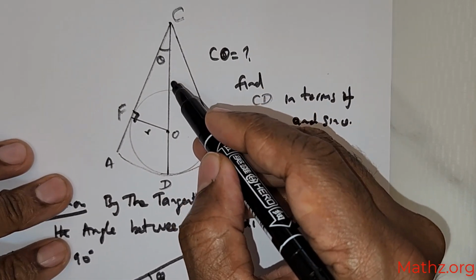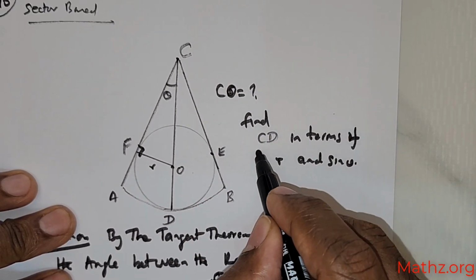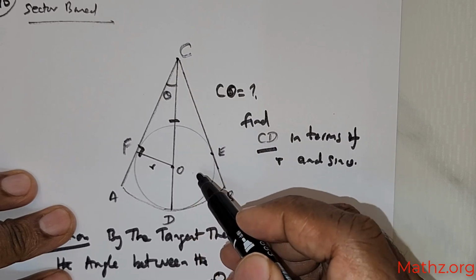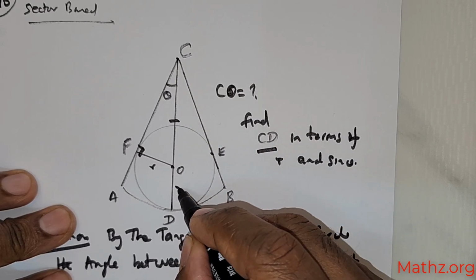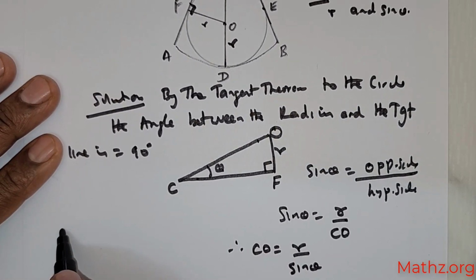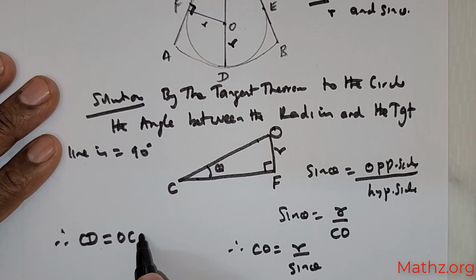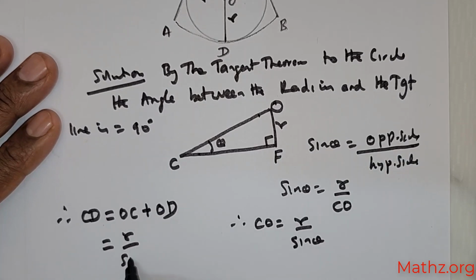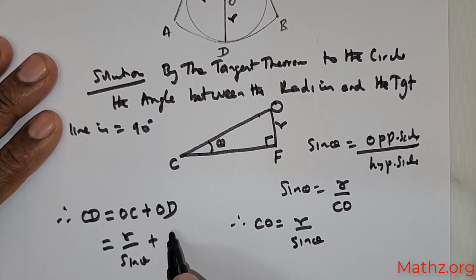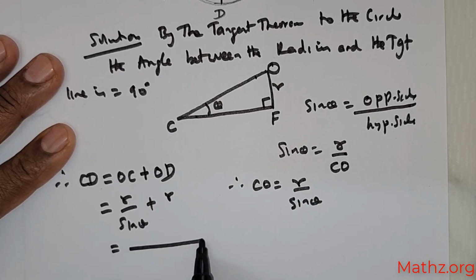So we have got this CO, right? The question wants us to find CD, but OD is what? OD is R. So therefore CD is OC plus OD. My OC or CO is R over sine theta, and OD is R. So this would mean I take sine theta as LCM.